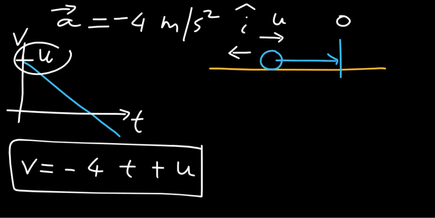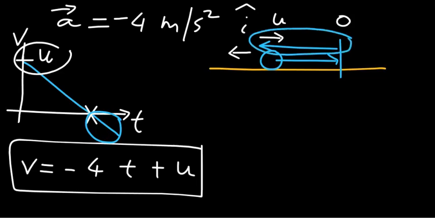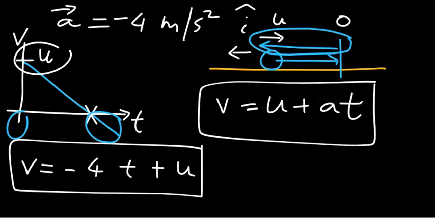So that means the speed is 0, and that happens there, and it will reverse the direction along the negative x-axis. So that part of that graph explains that part of the motion, where velocities are negative. So in short, the first equation of kinematics is given by this expression.